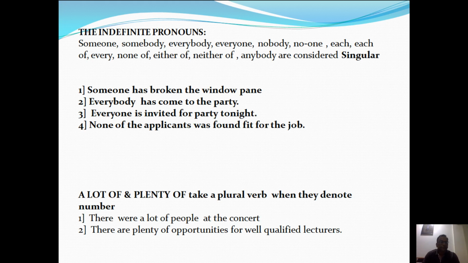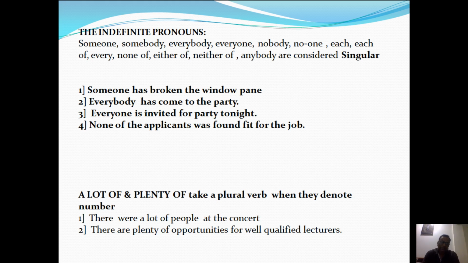A lot of and plenty of take a plural verb when they denote number. There were a lot of people at the concert. There are plenty of opportunities for well qualified lecturers.